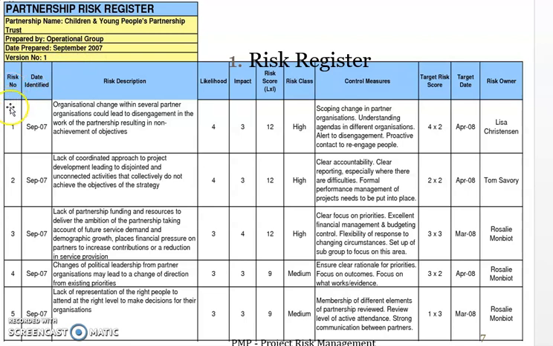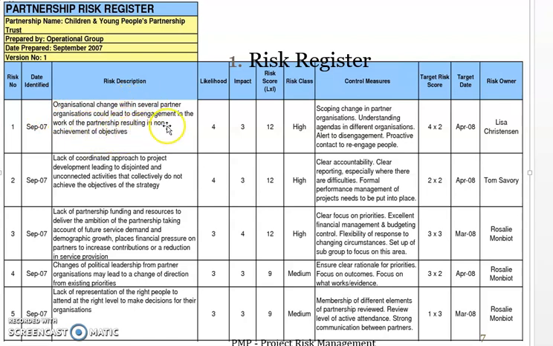Here you will see risk 1, 2, 3, 4, 5. Date identified, that's in a meeting or anything. That date. Risk description, details of the risk.